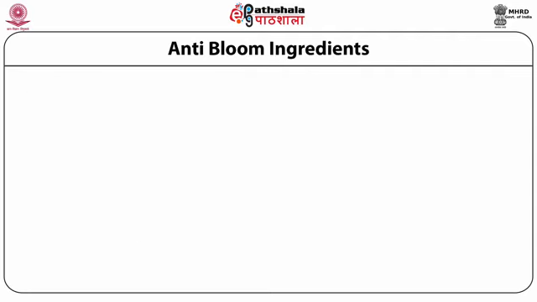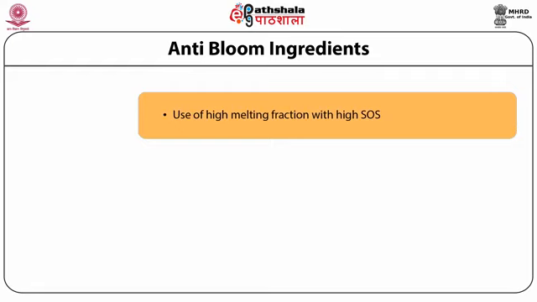Now, what kind of anti-bloom ingredients can we add? So we can have some kind of variation in the fat fractions itself, for example, using a high melting fraction with high SOS in cocoa butter will give you lesser bloom in chocolates.